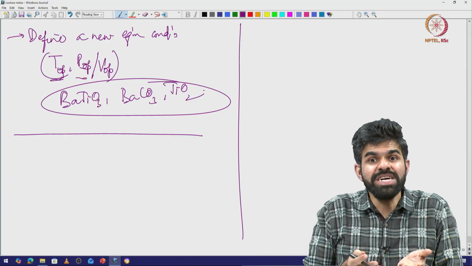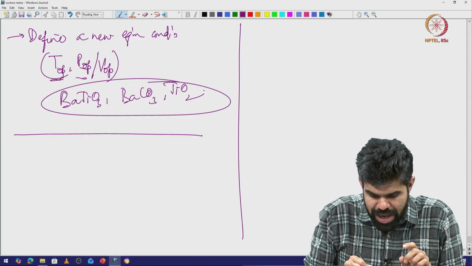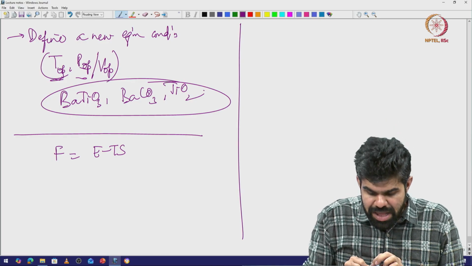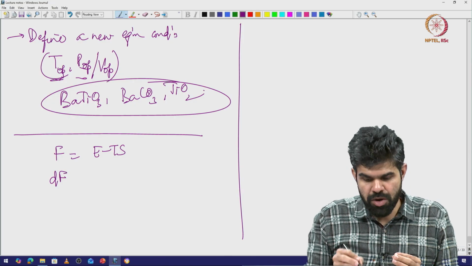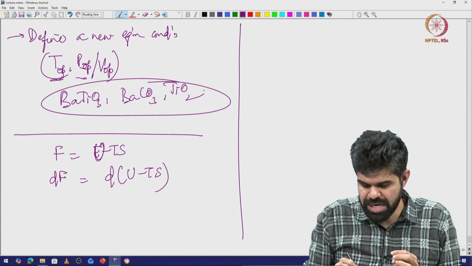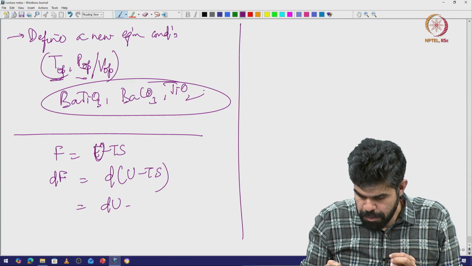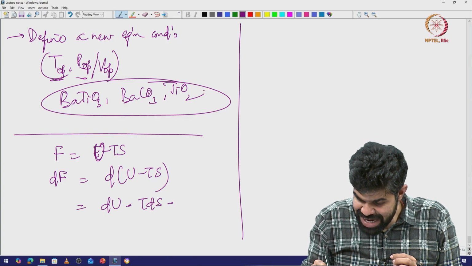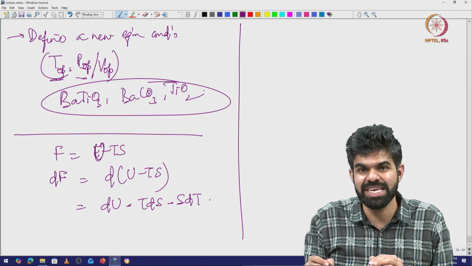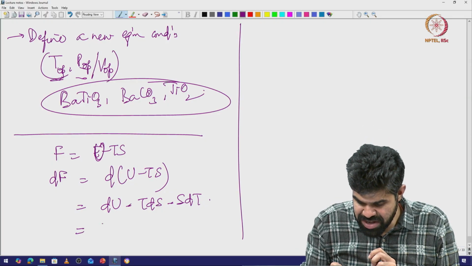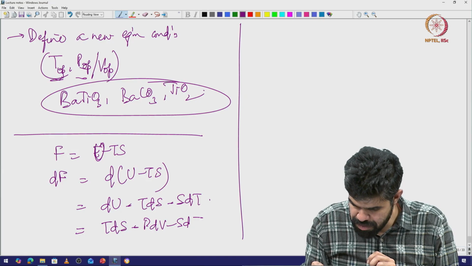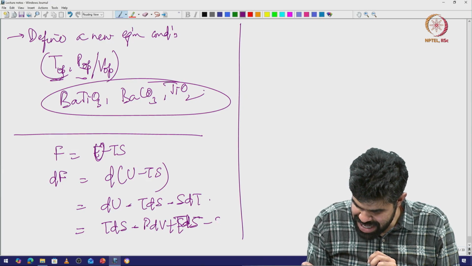So as a result, let us try to interpret this slightly differently. I have F equal to E minus TS, this is how I have defined F. Then the way to change F is dU minus d(TS), that is dU minus TdS minus SdT. Now, if I just take a differential of TS, it is TdS plus SdT, and dU itself from the first law of thermodynamics is TdS minus PdV, minus SdT plus TdS minus SdT.